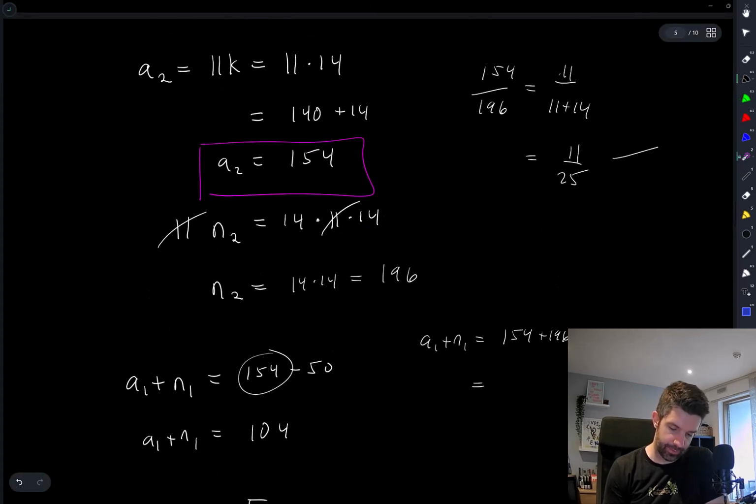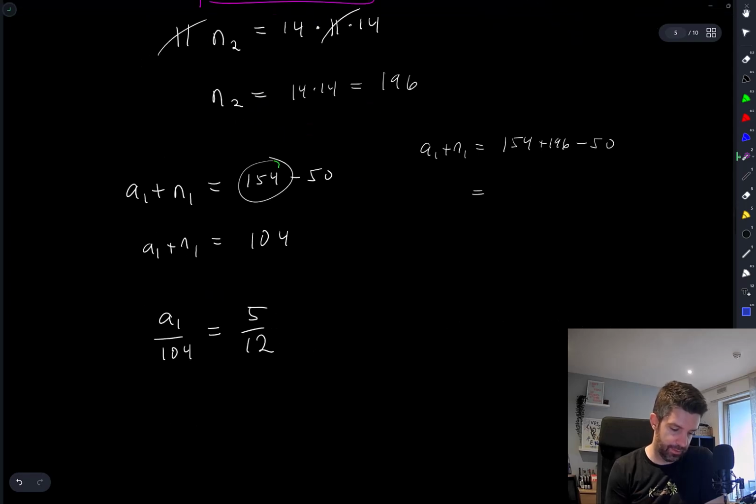I did that wrong. I canceled off a 14 with an 11 for some reason, so that I had a 154 here, which I should have known is a mistake because I knew that these two things were not equal. And then that is supposed to be A2 plus N2, not A2.